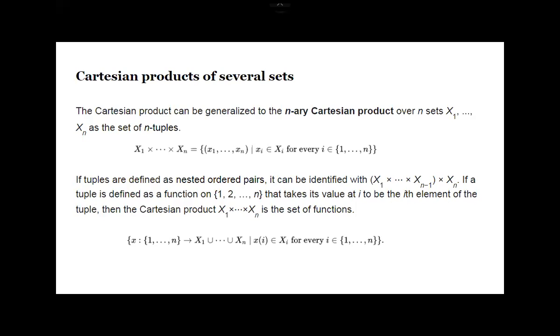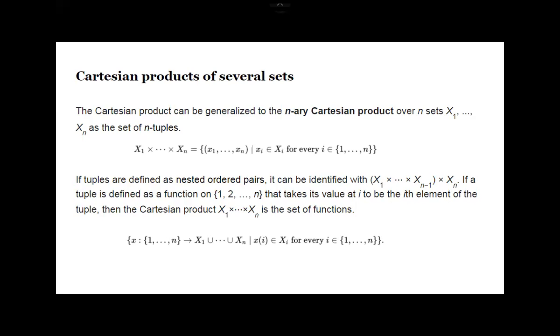If tuples are defined as nested ordered pairs, it can be identified with X1 into X2 into Xn minus 1 into Xn. Now, tuple means what we know: in tuples, we write in parentheses. Or we have also seen nested ordered pairs. How will we write in terms of nested ordered pairs?